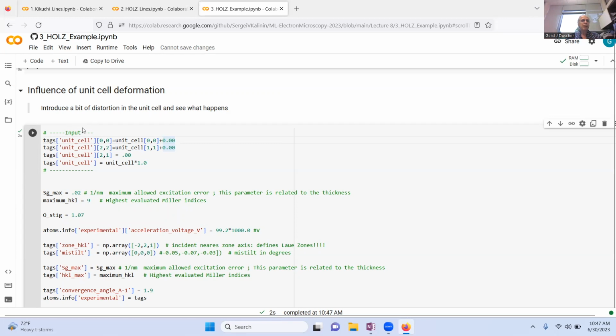So if we have a tetragonal distortion in the X or in the C direction, so that is perpendicular, both of them will be visible. And for the non-diagonal elements, there would be a shear. Now we can play around with that and see how small a change we can see. The unit cells are given, as always in the Atomic Simulation Environment, in angstrom.